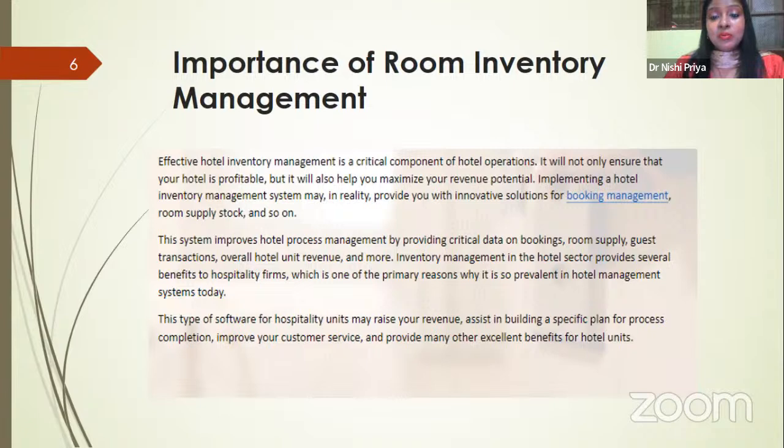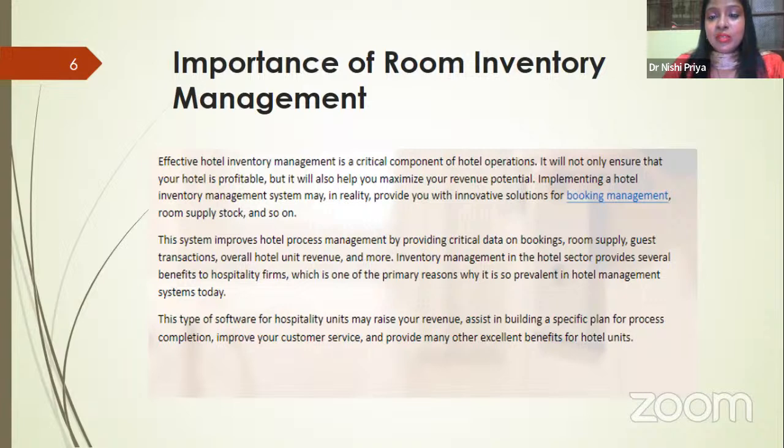So critical data of booking, like some booking period has lapsed, some same hotel room is once in high demand period, same hotel room could be booked at a high rate also, at a lower rate also. If it is known that you can sell it at say 10,000 per night, but you are selling it at 5, 6,000 per night, it's a big loss for the hotel.